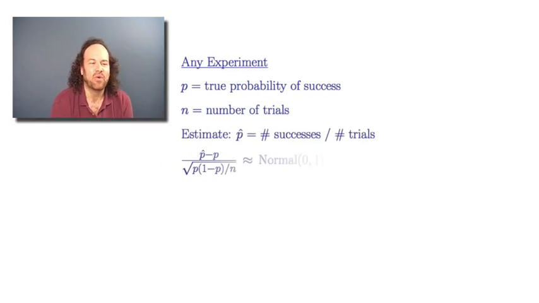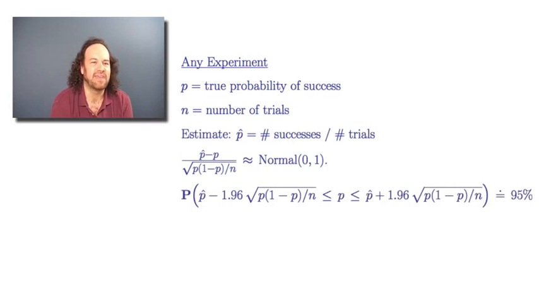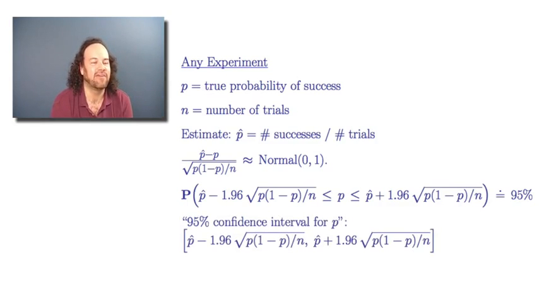We still know the mean and variance, just like in the previous example. We can rewrite everything and end up with the same formula, which says that the probability is 95% that the true value P is between P hat minus 1.96 times the square root of P times 1 minus P over N, and P hat plus 1.96 times the square root of P times 1 minus P over N. And this gives us, again, the 95% confidence interval.